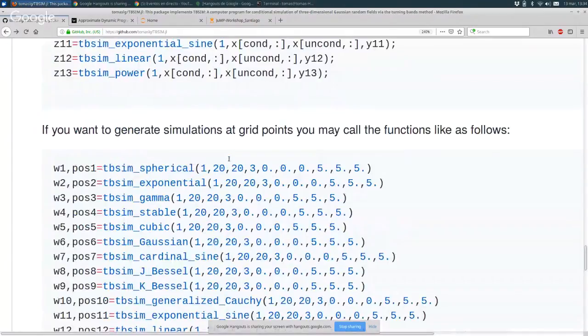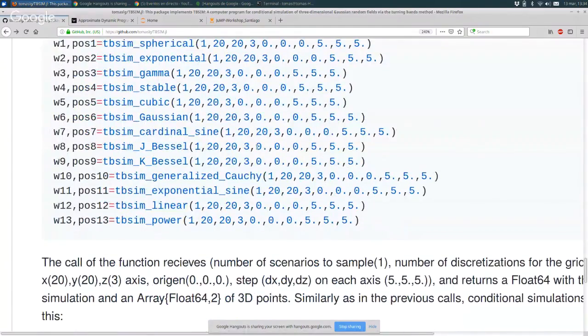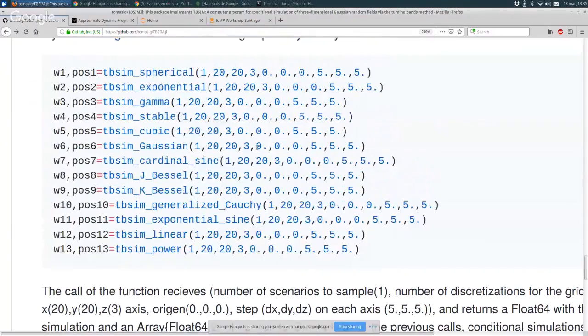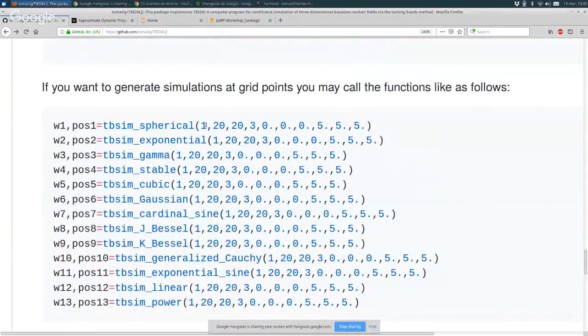And here you can also call the function with no points, and say how many points you want to sample, and if you want to average some of them in a single point, for example. So here I'm telling the function: please sample for me one scenario with 20 discretizations on the x-axis, 20 on the y-axis, 3 on the z-axis for depth, and start on the origin 0, 0, 0.